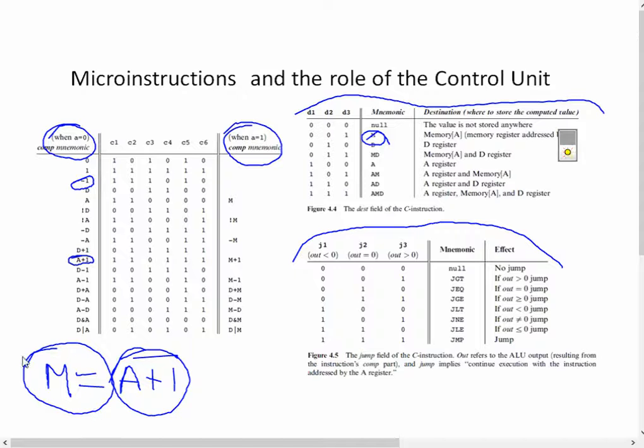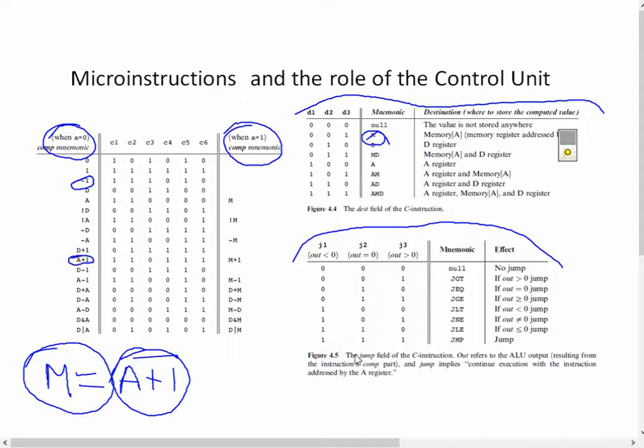So whenever I do this calculation, perhaps I'm sending the output to M, perhaps I'm sending the output to D, perhaps I'm sending it to A, it doesn't matter. Whenever I do that calculation, the ALU is going to determine whether the output of this operation was positive, negative, or 0.